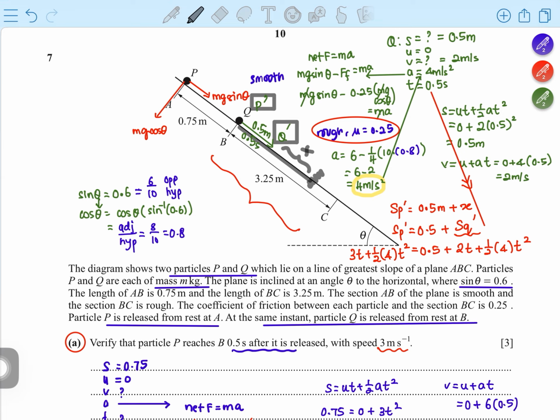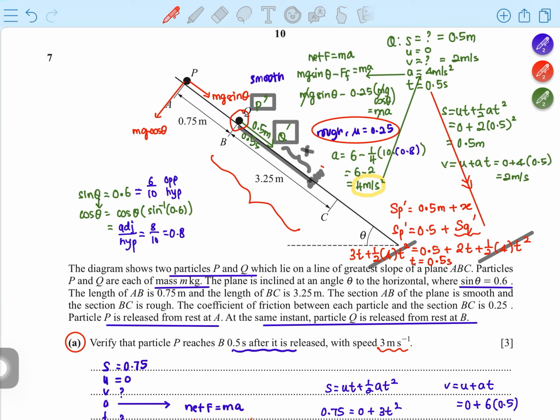By now you would have realized, because the acceleration is the same, it is following the gravity only. So I can just delete my half at squared, which is 2t squared. It's getting cancelled. Therefore, the t value is going to be 0.5 second.